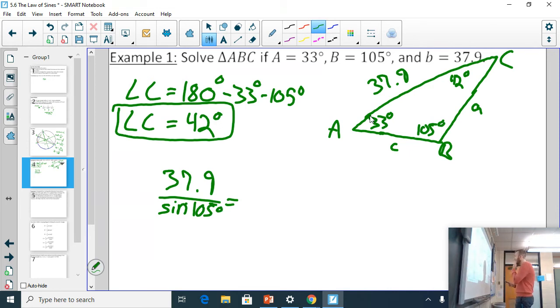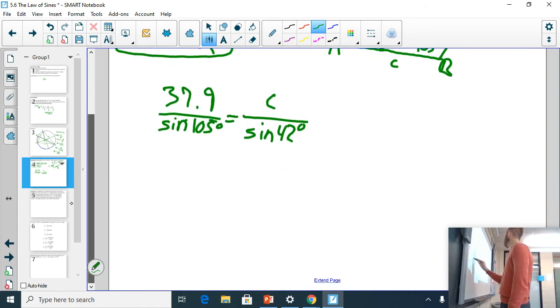And then we know that c over the sine of 42 degrees is equal to that. And so we could just multiply that sine of 42 degrees over.